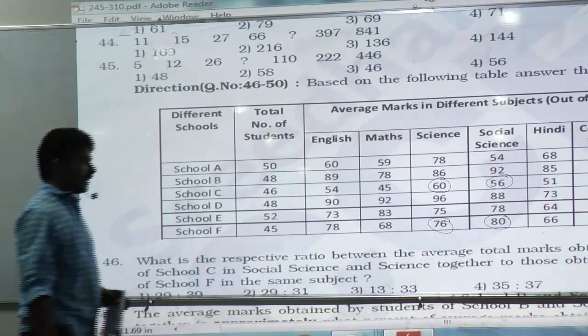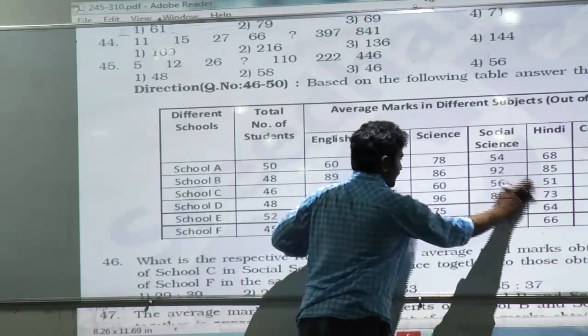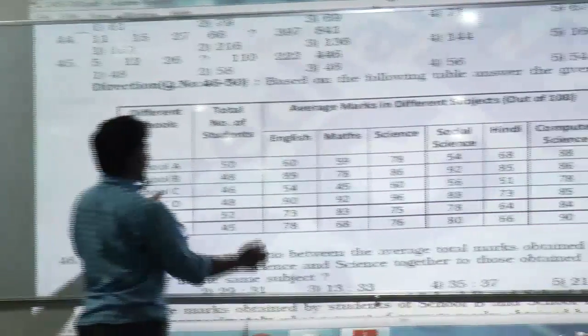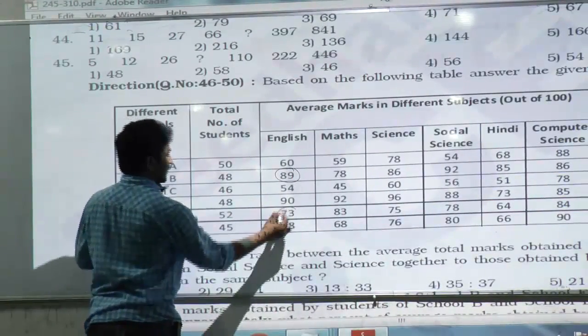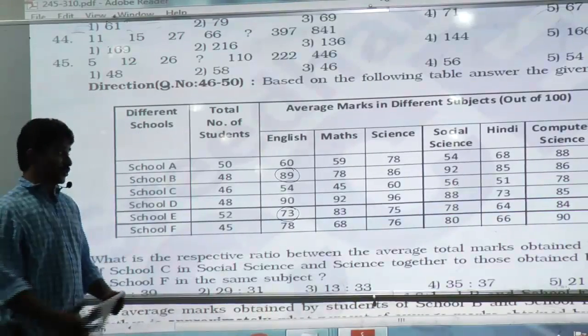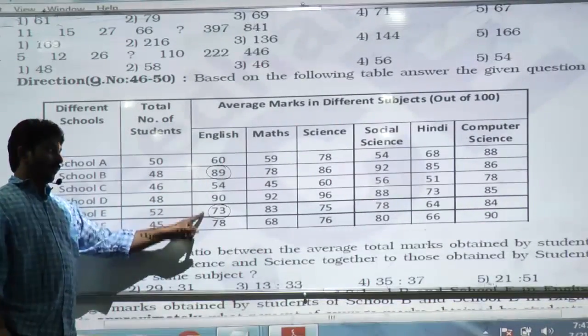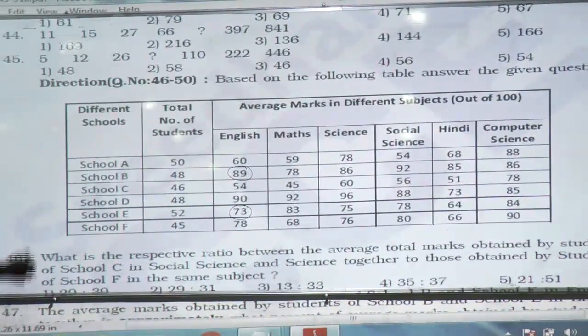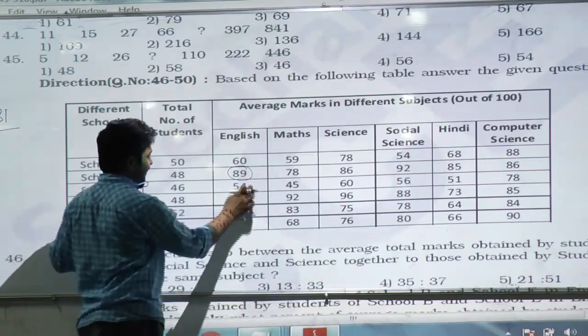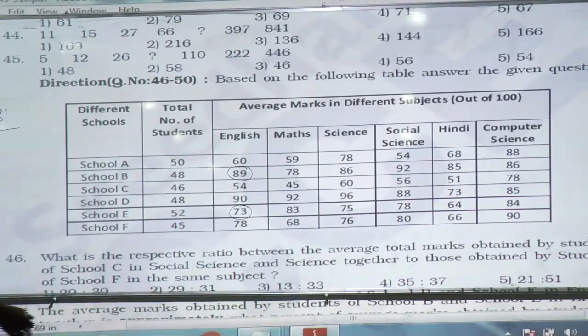B and E in English, average of these two numbers: 162, average 81, and percentage with respect to C in the same subject. C is 54. You're asked about percentage, so into 100.